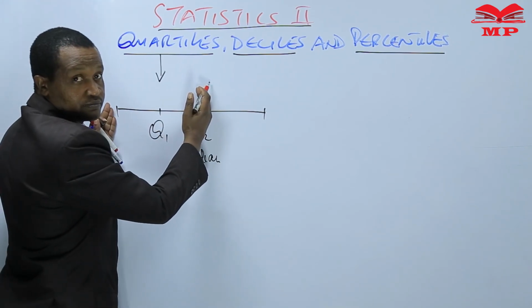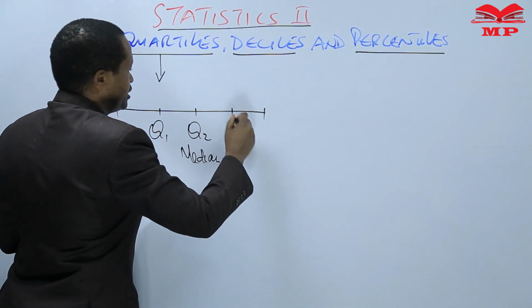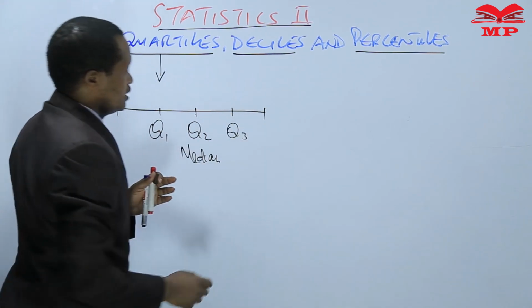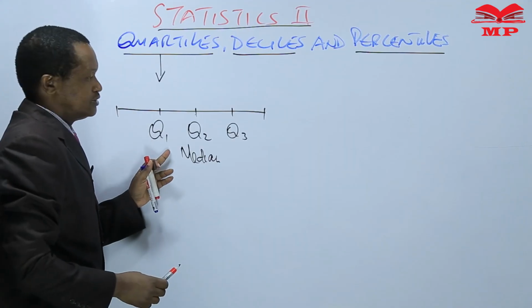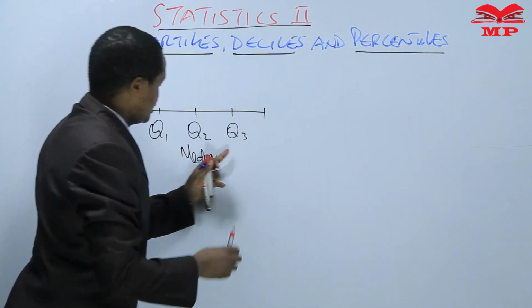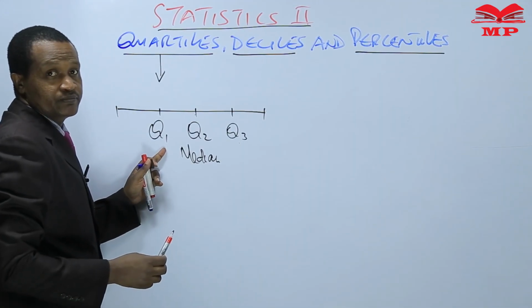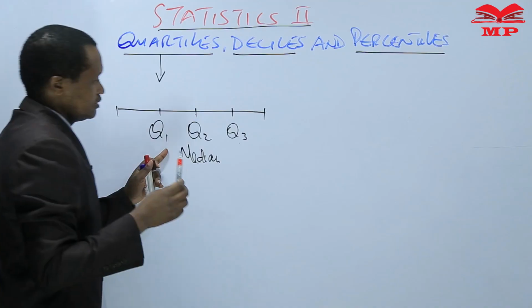Then there is the third quartile, also known as the upper quartile.